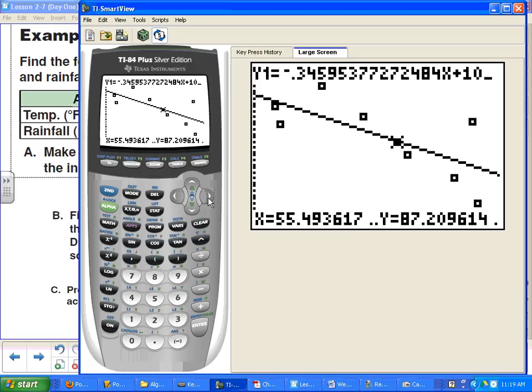So I'm going to keep going to the right till I get to as close to 86.0 as I can. Okay, so that would be right here. So it's approximately 59 degrees. Wow. All right, I'll take it. Okay? Any questions about that then?